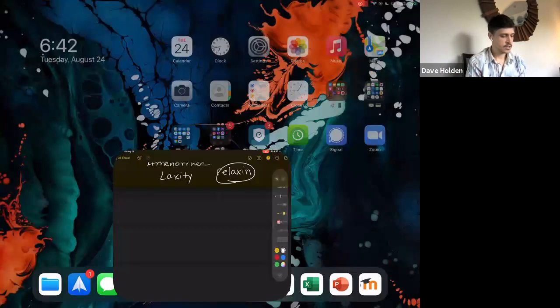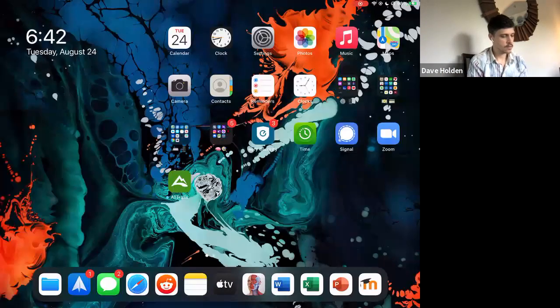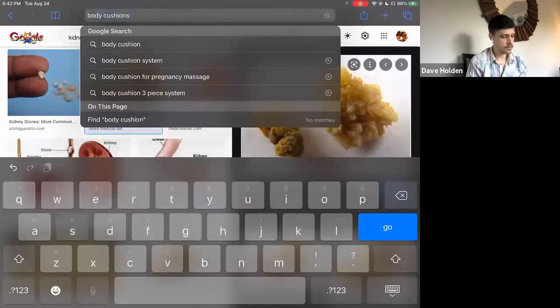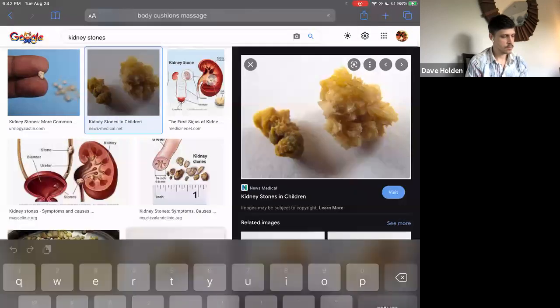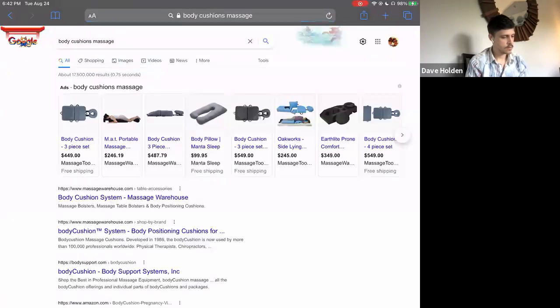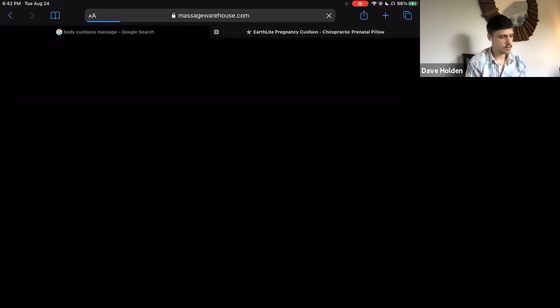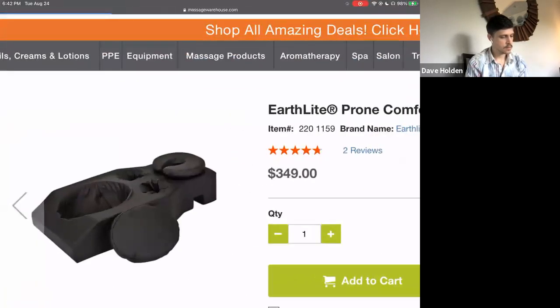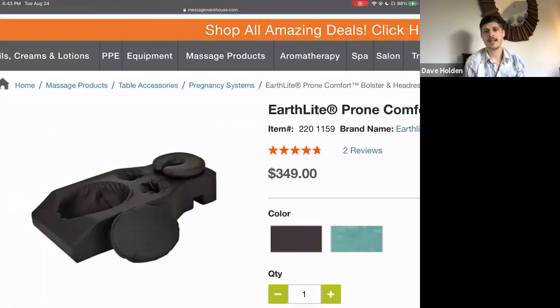You see, they're called body cushions. Yeah, something like this. So there's a pregnancy cushion. You can stick a pregnant woman face down on that thing right on your massage table. She puts her face in the face cradle.